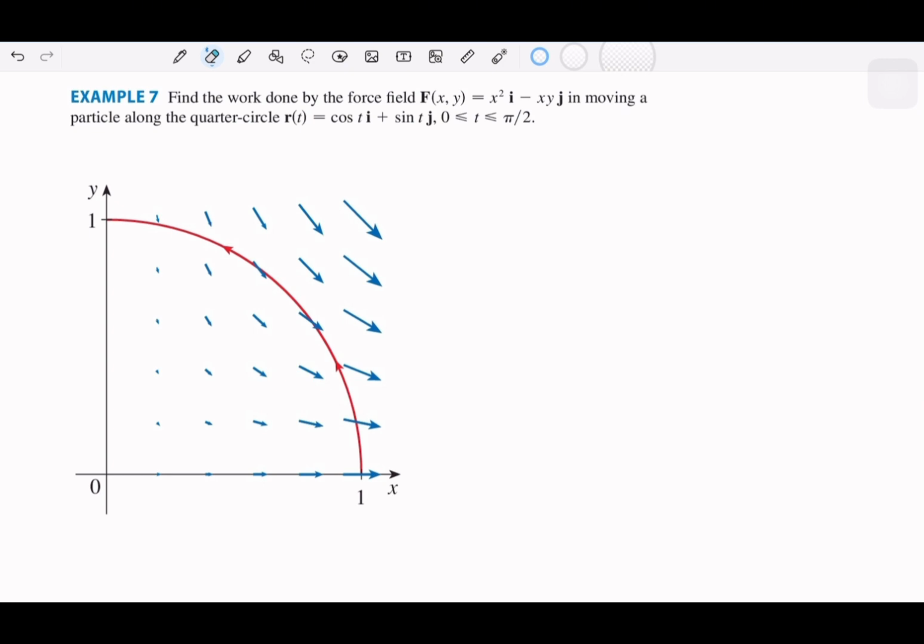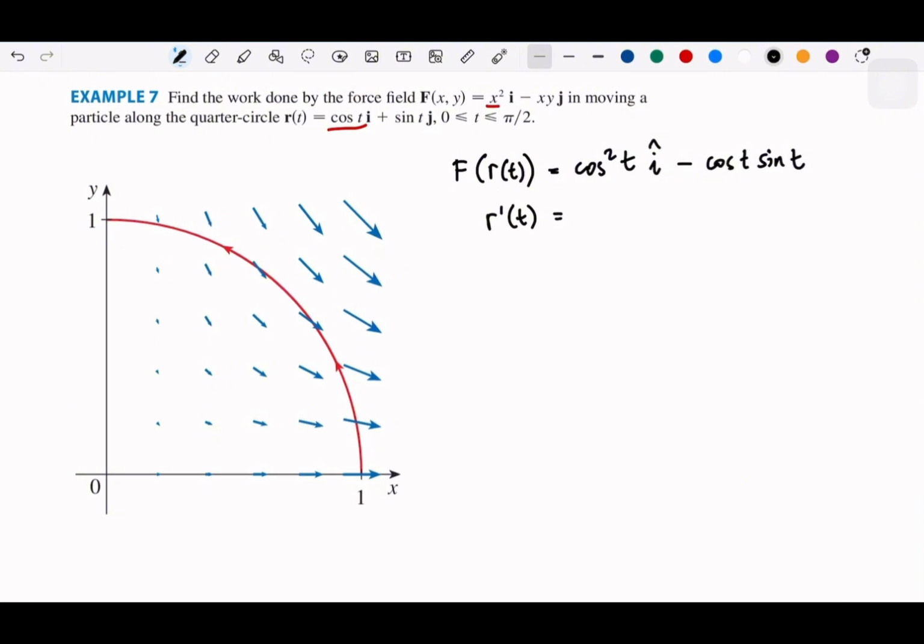So we can write first the f of r(t), where we take the cosine t and exchange it for x, right? So x is substituted by cosine t. This will be cosine squared t for the x component, and then minus xy, so cosine t sine t. And then for r'(t), we take the derivative.